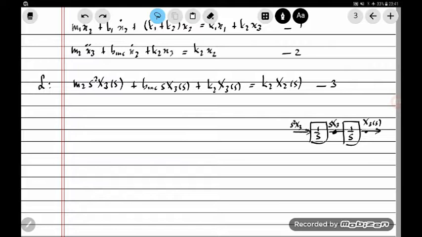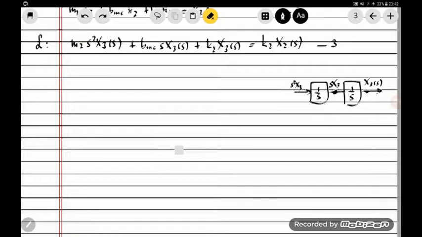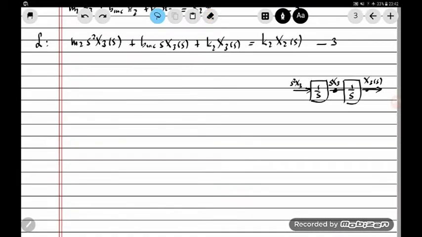Next, I will solve equation 3 for s squared x3 of s, as this is the signal on the left hand side of these integrator blocks. I'm going to move down over here because I want to draw my transfer function block over here.